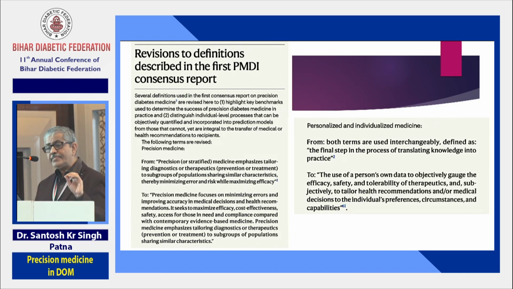So use of a person's own data to objectively gauge the efficacy, safety and tolerability of therapeutics and subjectively to tailor to his health needs. This is personal medicine to the same patient. Otherwise, it is this group which we are thinking of when we are talking of precision medicine.